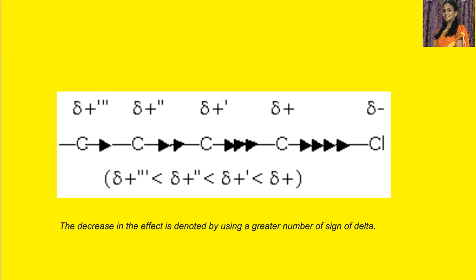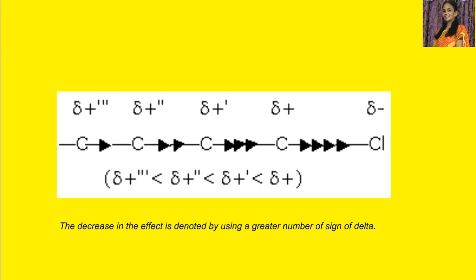Then this carbon also gets a partial positive charge. Similarly, the bond pair of electrons is attracted towards the second carbon, and the C3 carbon, the third carbon, also attains partial positive charge.